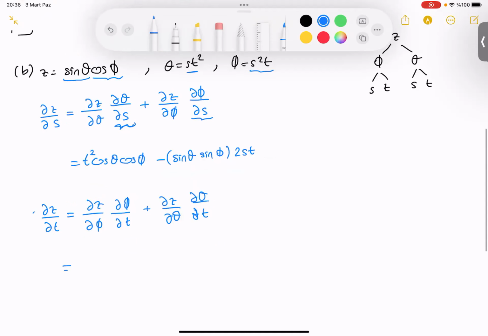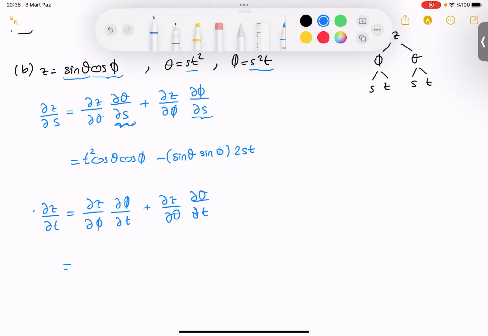Okay, now first we take the derivative of z with respect to phi, which gives you minus sine theta sine phi, and then d phi over dt, phi is given here, so you get s squared only, plus dz over d theta, it is cosine theta cosine phi, times d theta over dt, theta is given here, so you get 2st, and you're done.